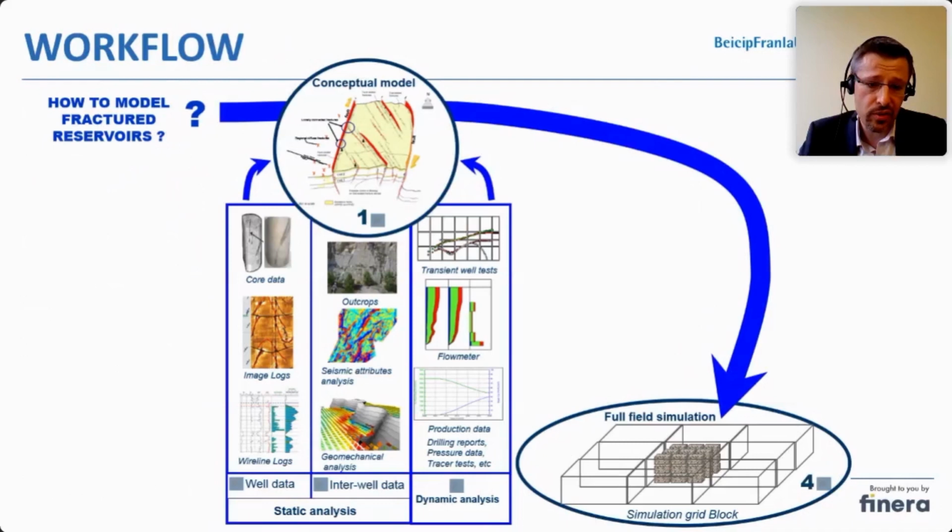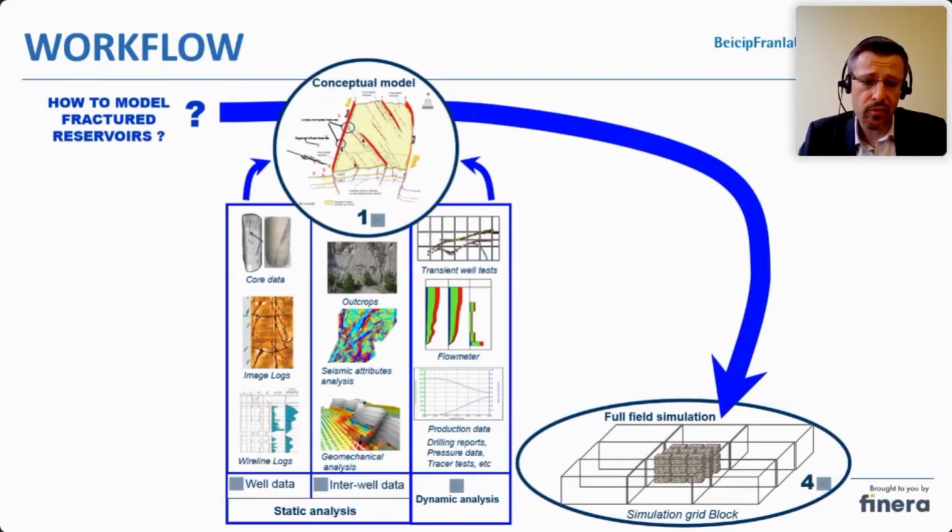For instance, the fractures you see in the image logs are compared with the flow meter logs in the same well in order to see what is the impact of these fractures, family by family, defined by their orientation, for instance, on the fluid flow. Same with the seismic that provides the largest fracture component, the faults and fracture corridors.